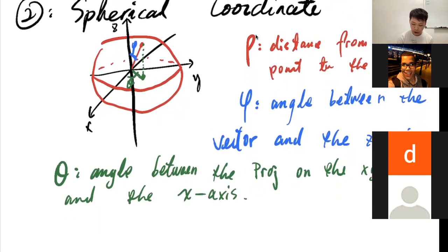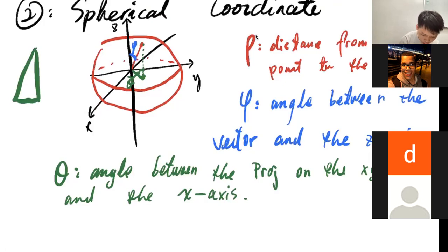Let's observe that when you only look at the XY plane, this green arrow, when you look at the geometry of this triangle, because this is a projection and this is a normal vector, this is a right triangle. Let's put this triangle on a plane so that it would be better to visualize.